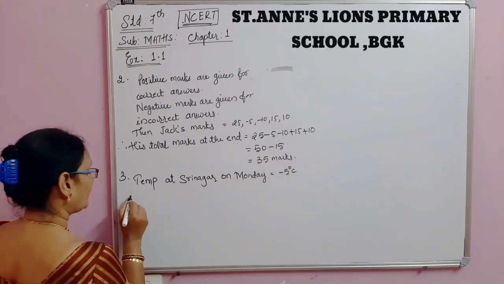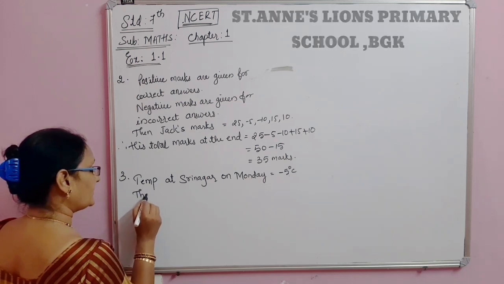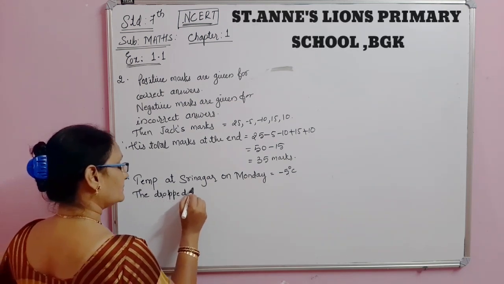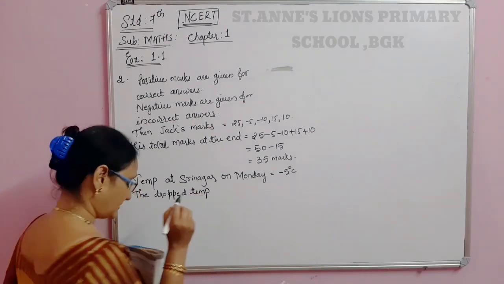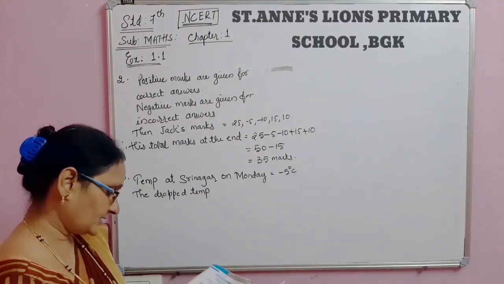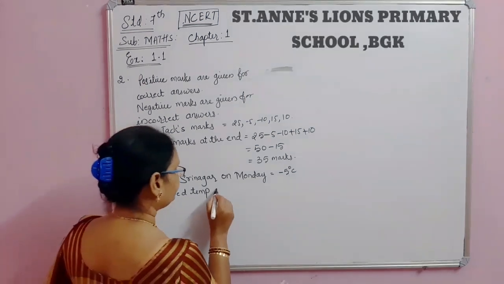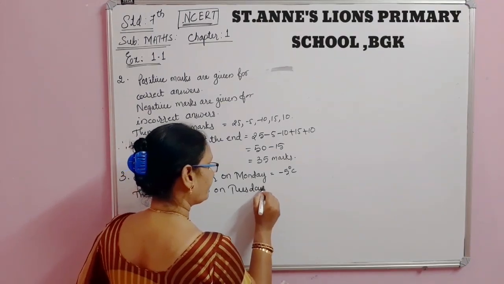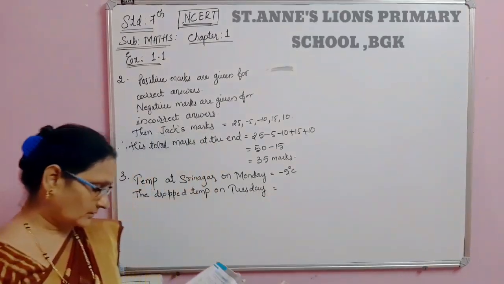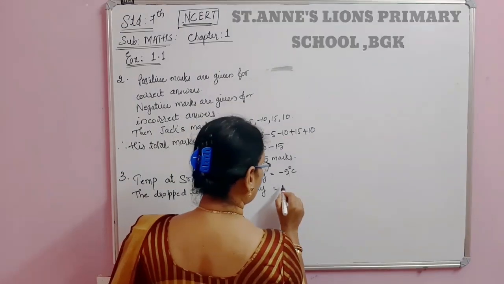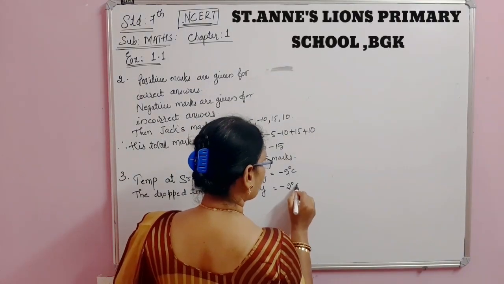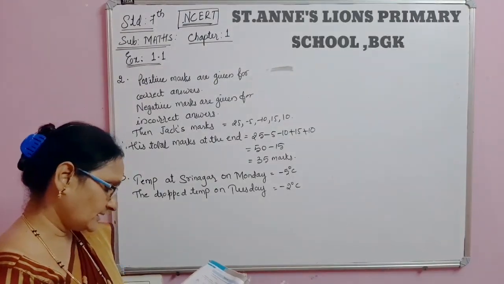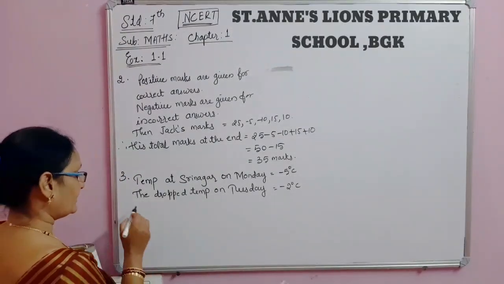Then the dropped temperature on Tuesday is equal to 2 degrees. The 2 is minus, because dropping means minus. So what was the temperature of Srinagar on Tuesday?